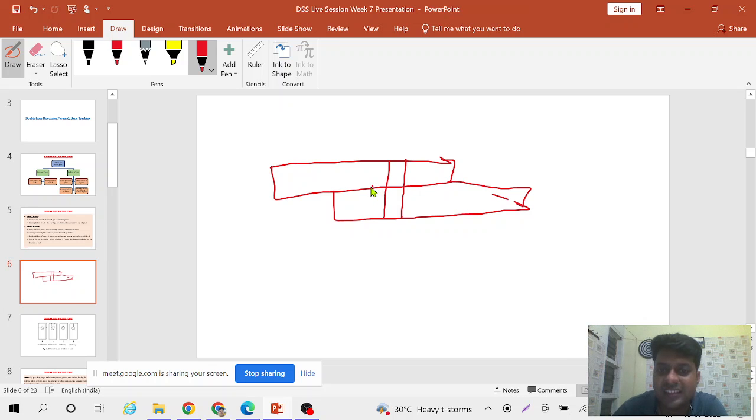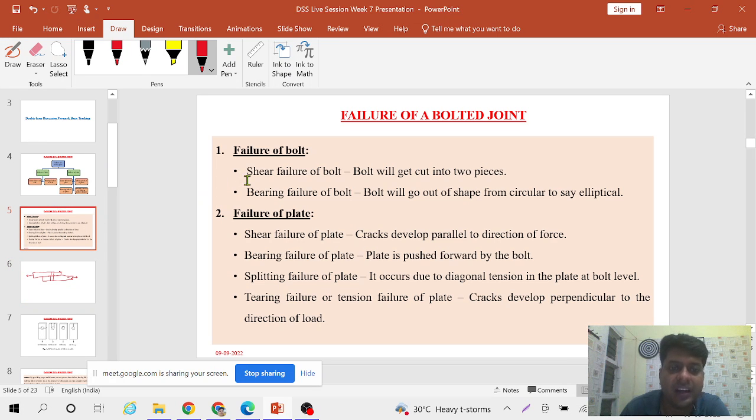So this is the shear plane. When load acts on this connection, the tendency of the bolt will be to get cut from this place. So when load is acting like this, from the shear plane the bolt can cut into two halves. This is how failure will occur when we consider shear failure of bolt.